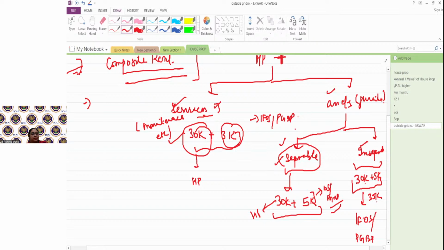So if it is inseparable, the entire amount would go under income from other sources or PGBP. It will not go under house property, even if the substantial amount is for house property. Separable होगा तो house property वाला part house property में, other assets वाला part under income from other sources or PGBP. Got it? Clear?